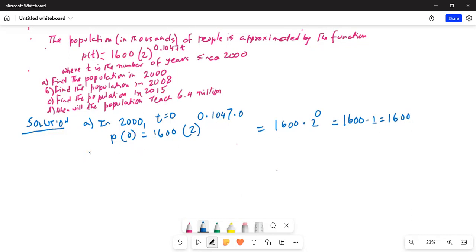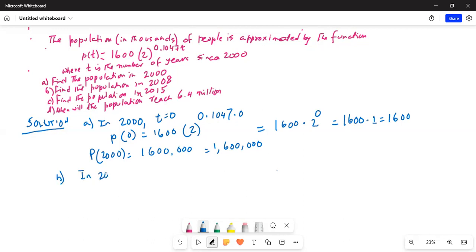So the population in 2000 is 1600 thousand, or 1,600,000. Okay.